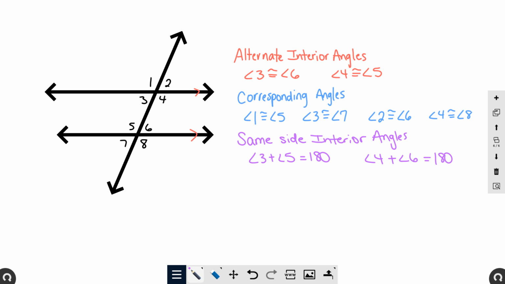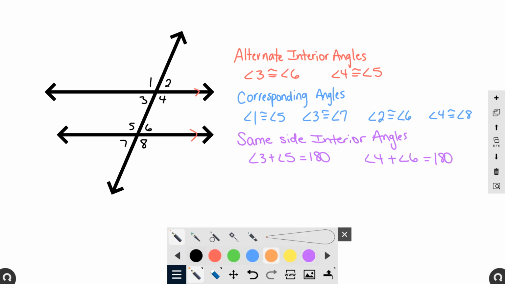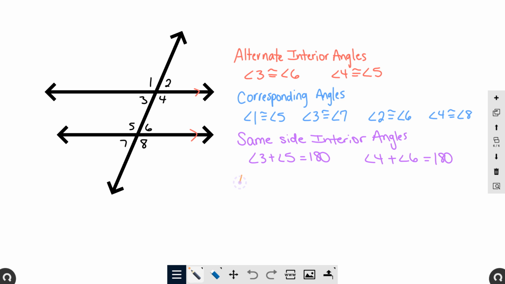There is a 4th kind that we can talk about. The 4th kind, and I heard some people talking about this yesterday while working on homework, is called alternate exterior angles. And alternate exterior angles are also congruent. So exterior means what?